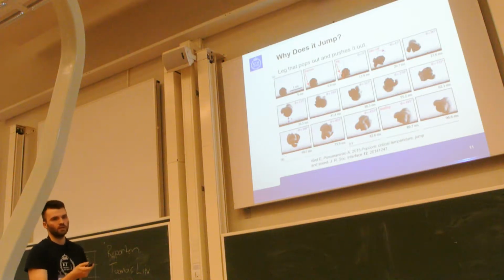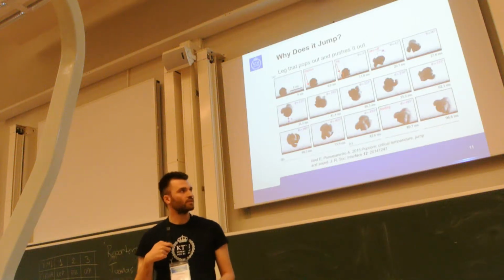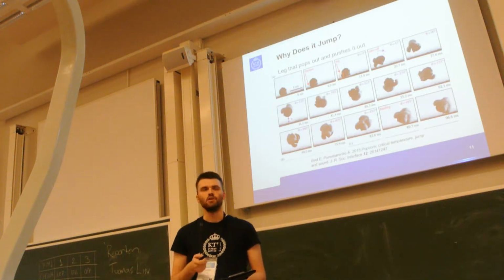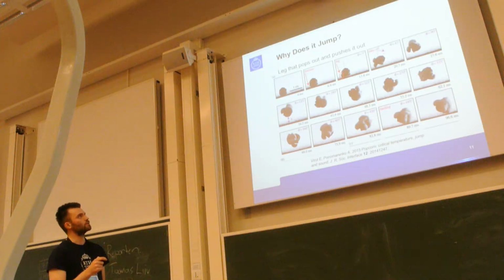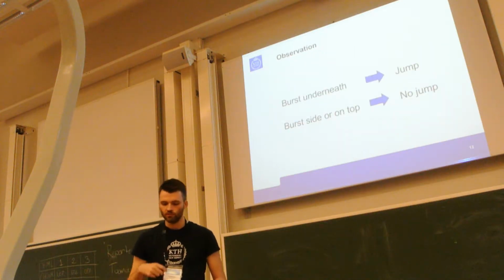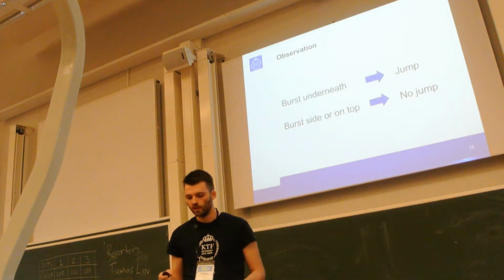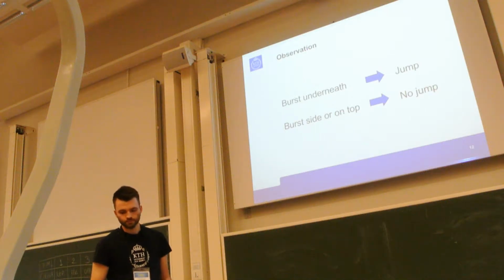And on the following pictures we see the whole trajectory. But here's something we must distinguish. What happens if the popcorn actually bursts open up here? Then it wouldn't jump. So if it bursts underneath, it jumps, and if it bursts on the sides or on the top, it doesn't jump.